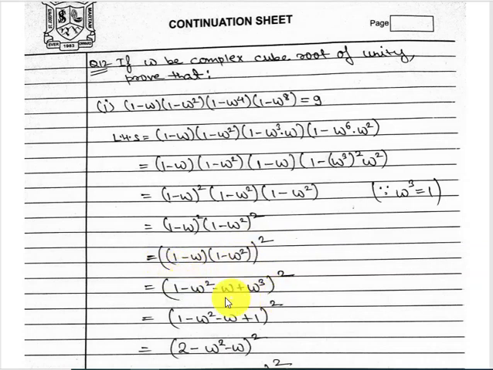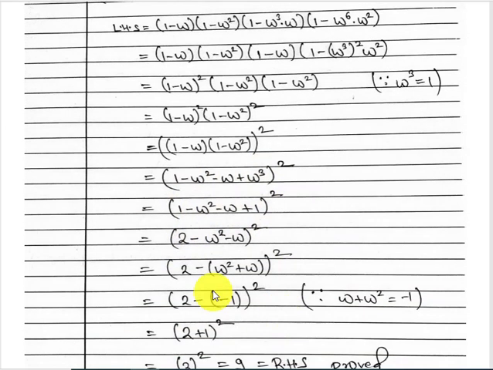Do the multiplication: we get 1 minus omega square minus omega plus omega cube. Now you know that omega cube means 1, so simply 1 over here, and this 1 and this 1 become 2. Now we have minus omega square and minus omega, so we simply copy it. In the next step we take out the minus sign common, so we get 2 minus omega square plus omega, whole square.